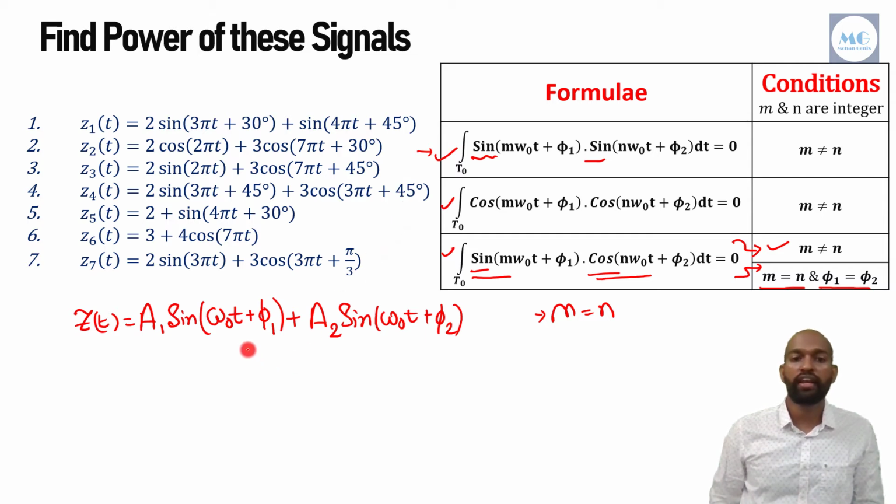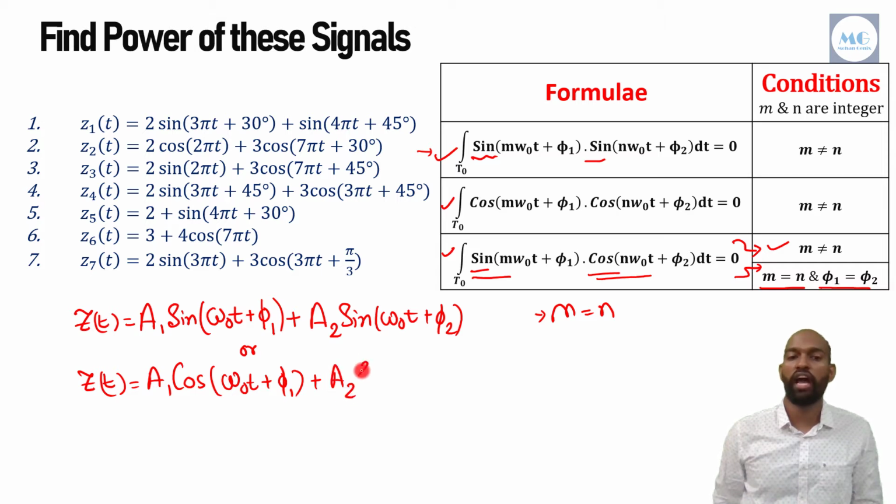And also we can write z(t) is equal to a1 cos(omega naught t plus phi 1) plus a2 cos(omega naught t plus phi 2), like our second formula. These kinds of functions can be asked.